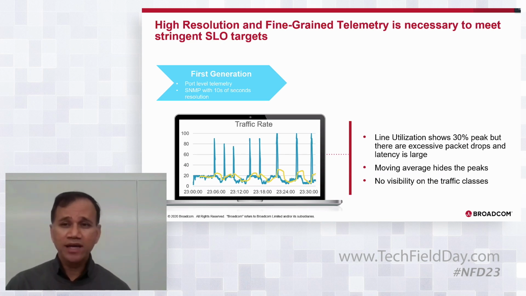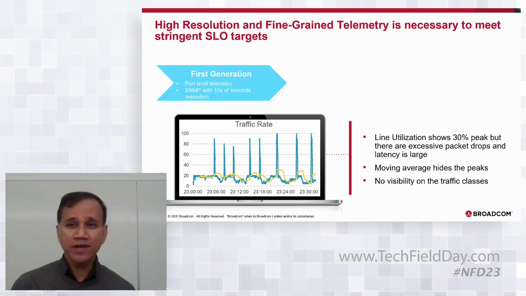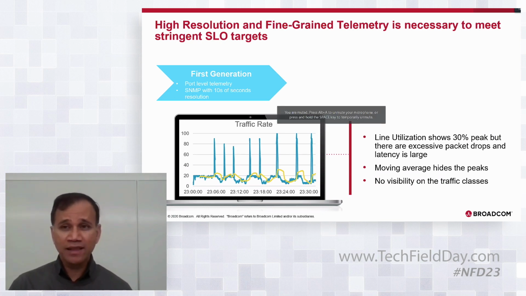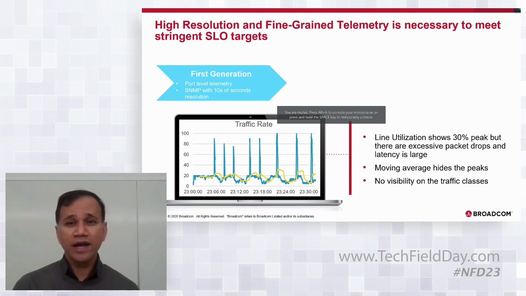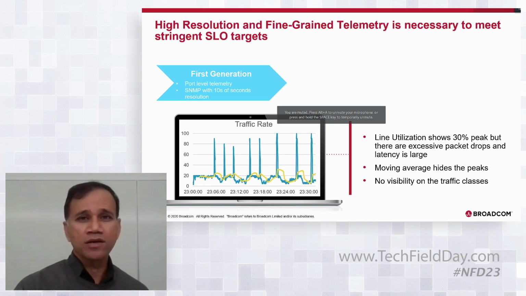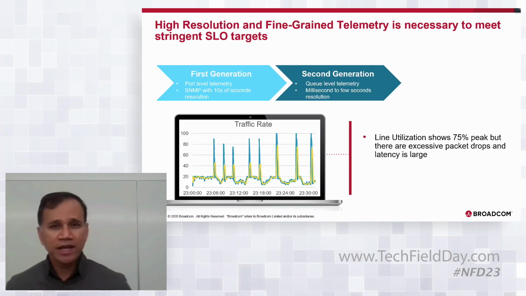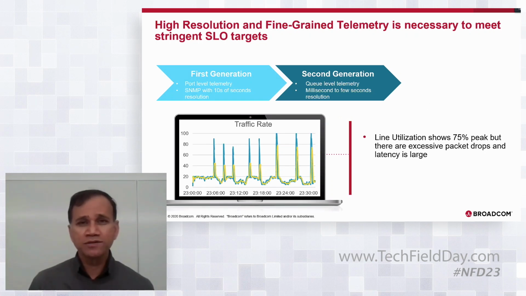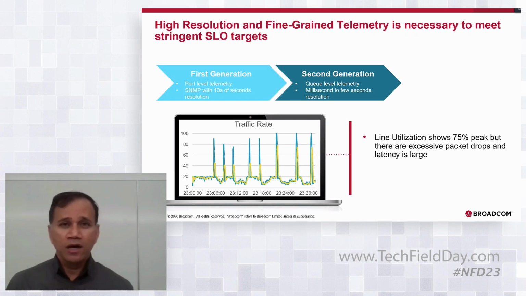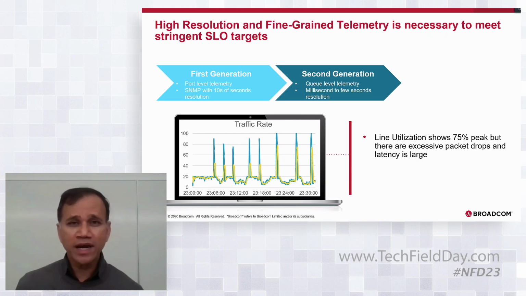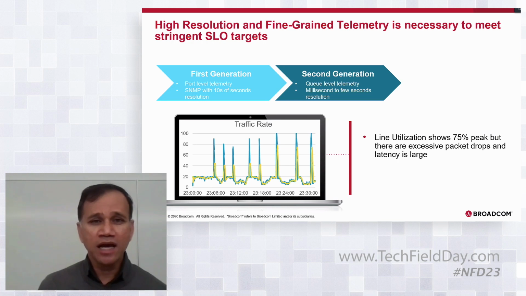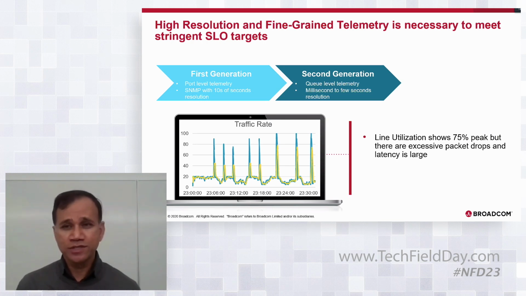Because TCP traffic expects to take up whatever is usable, while your high priority traffic, where you have service level guarantees, is working just fine. So you do need queue level telemetry. So that's where I get to here. Then we moved to offering queue level telemetry, and you will also find that the resolution has gone up to milliseconds to a few seconds of resolution.